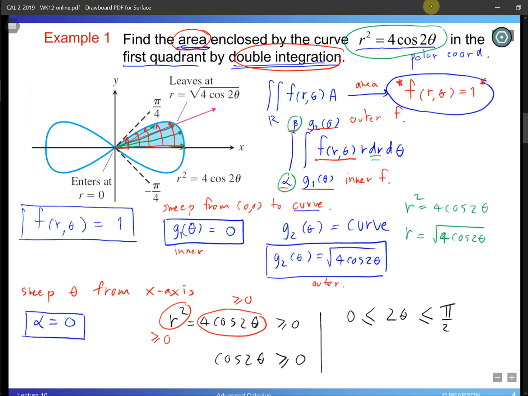After that we can see that theta is less than pi over 4 and greater than 0.